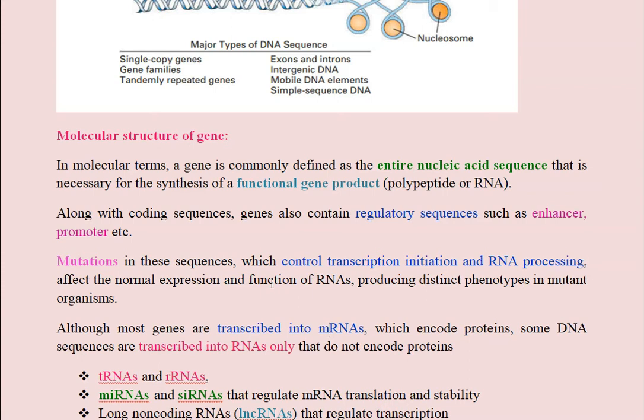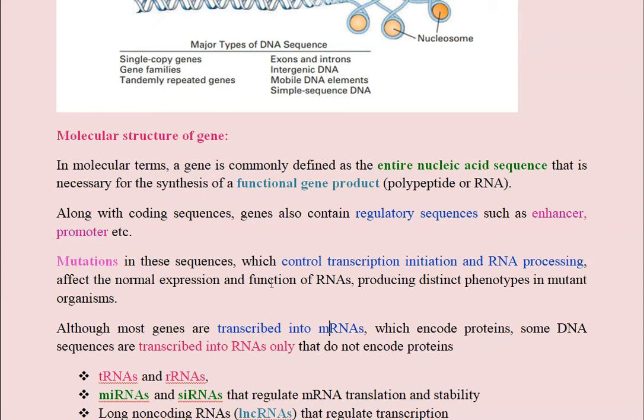If it is mutated, then RNA polymerase is unable to bind to that promoter region and there is no expression of that gene. So every sequence, whether coding or non-coding, in the regulatory region is very important to control the transcription.